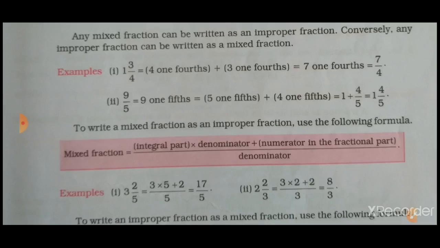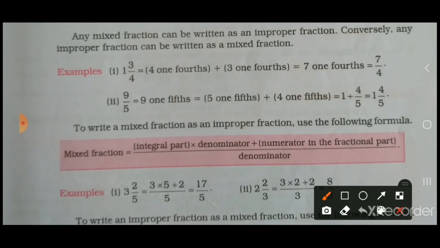If we have to convert a mixed fraction into an improper fraction, we will use this method: integral part multiplied by denominator, then add the numerator of the fractional part, and we take the same denominator.